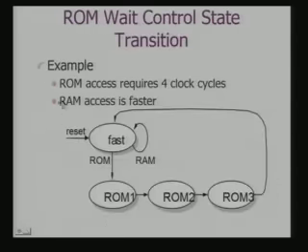Now, let us take an example, where ROM access requires 4 clock cycles and the RAM access is faster. Obviously, in this case the control logic for the bus transaction has to be captured by this FSM. This FSM will go into implementation of the control logic.